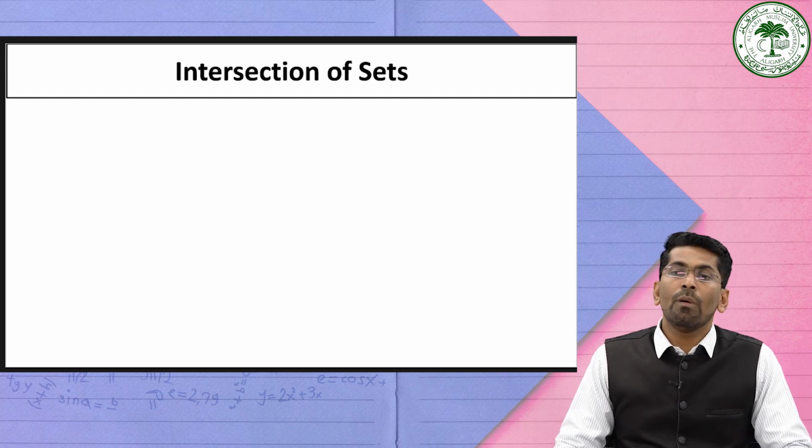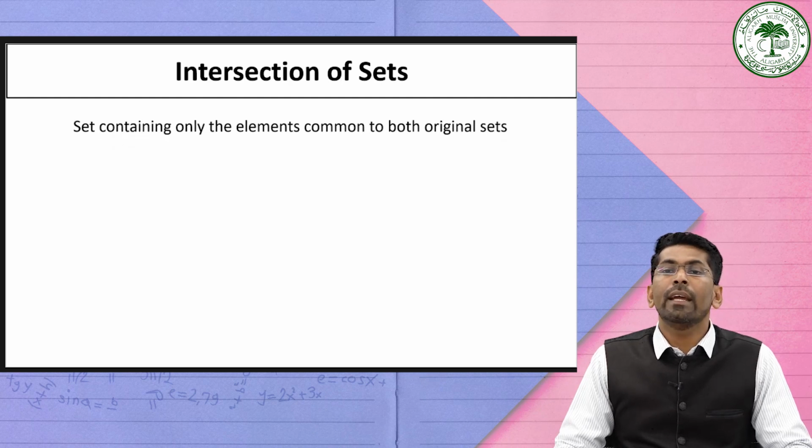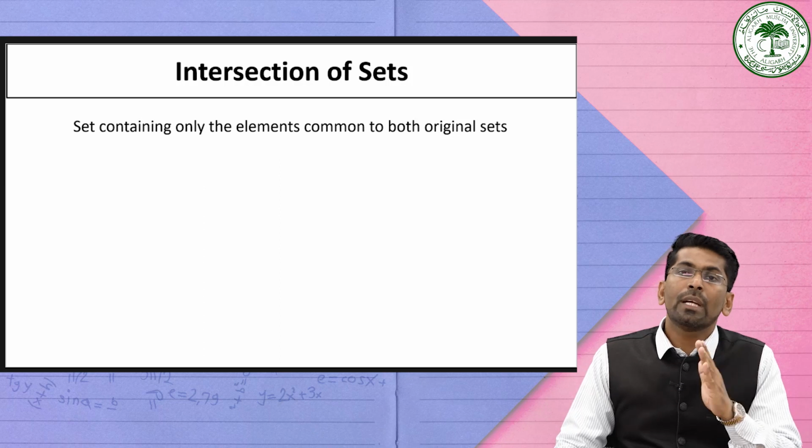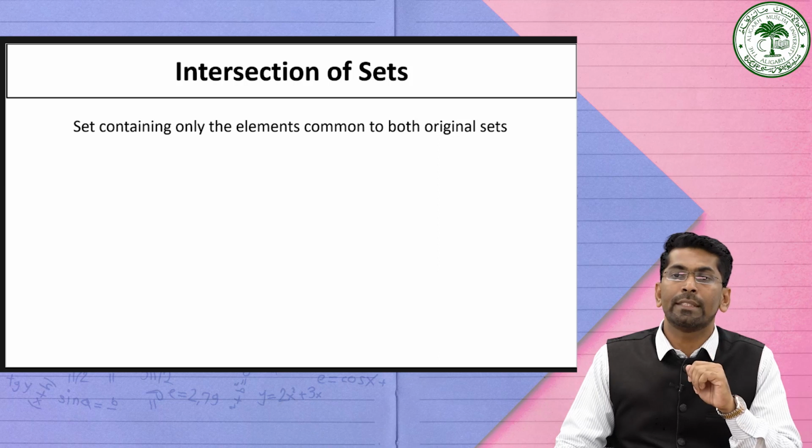The intersection of sets is an operation that results in a new set which contains only the elements common to both original sets.